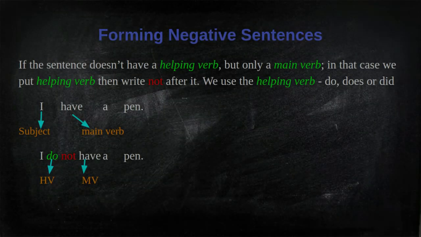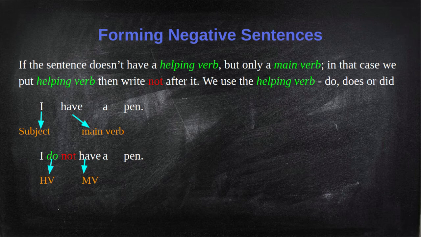Now, in case in the sentence, the helping verb acts as the main verb. Here is a sentence, I have a pen. In this sentence, there is no action that is done. So, it doesn't have a main verb. But the helping verb will act as the main verb here. I have.